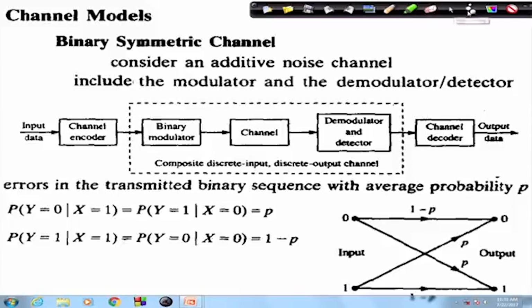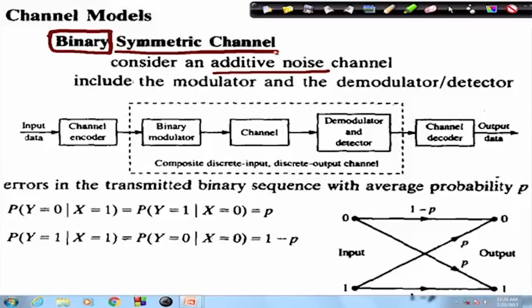The binary symmetric channel is one where of course, we consider additive white Gaussian noise, we will always consider additive noise, and this kind of channel, the name already describes certain things, that means it is telling us it is a binary channel, right, and it also says it is a symmetric channel, right. So, before we go into the description, let us see how it is built.